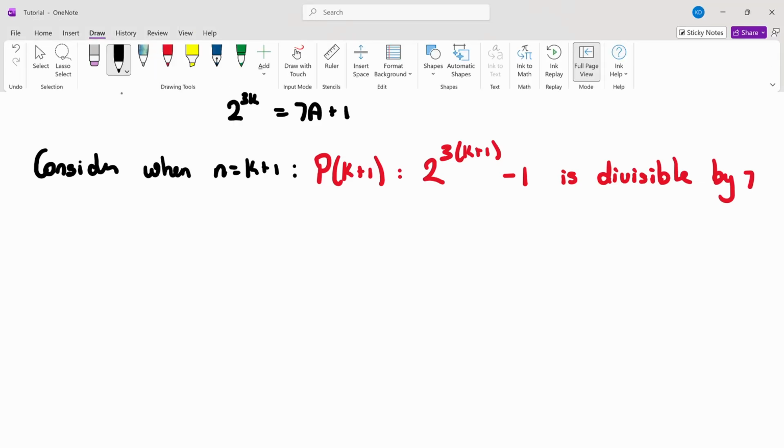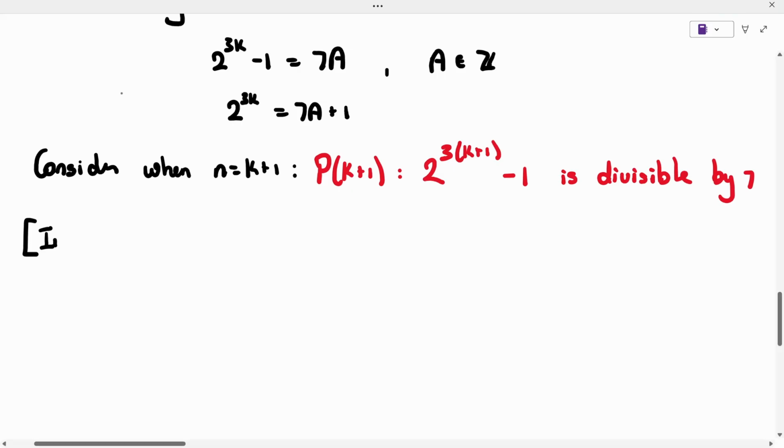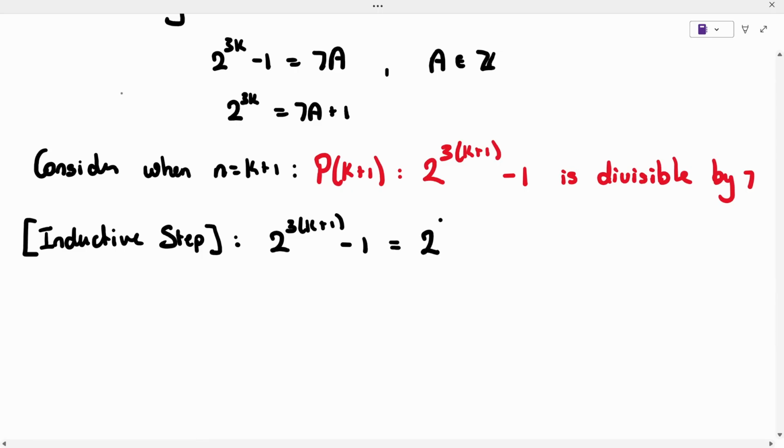Okay, so let's see if this is possible. We are now going to prove the inductive step. So we have 2 to the power 3 times k plus 1, minus 1. Let's expand the exponent bracket, so 2 to the power 3k plus 3, minus 1.